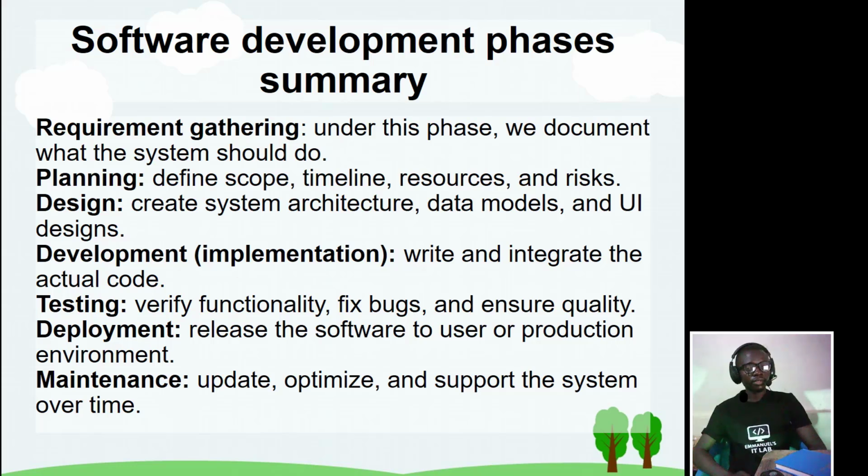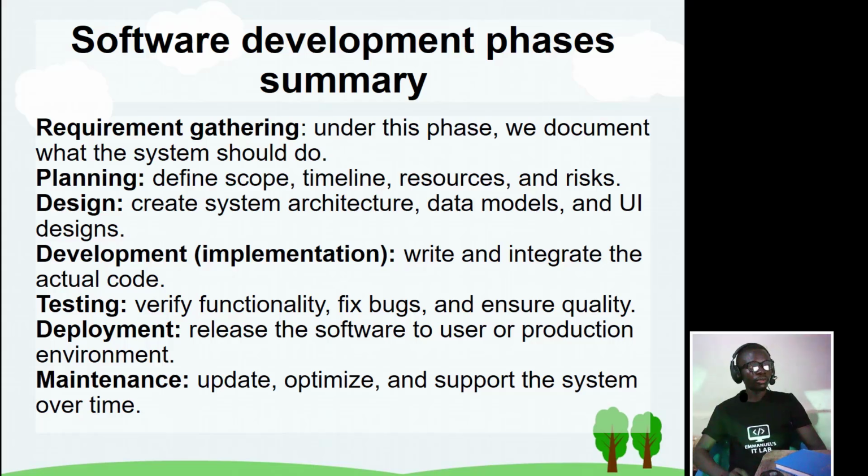So we define the resources like, I will use Python, I will use Visual Studio Code, I will need maybe to hire somebody to support, I maybe need to buy the design. So that's where I will plan. I will plan on how long I will take on the project, that's the timeline. I will also plan the design.